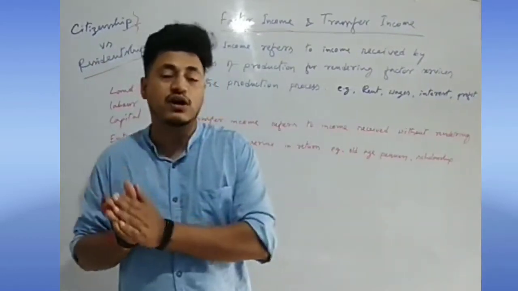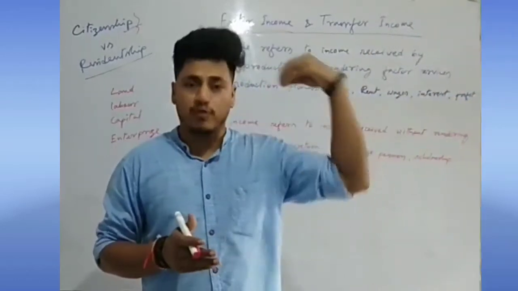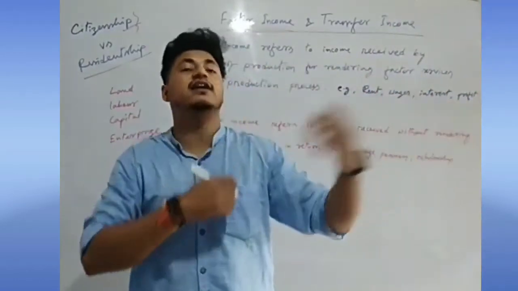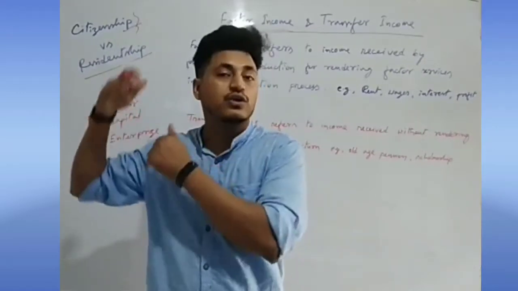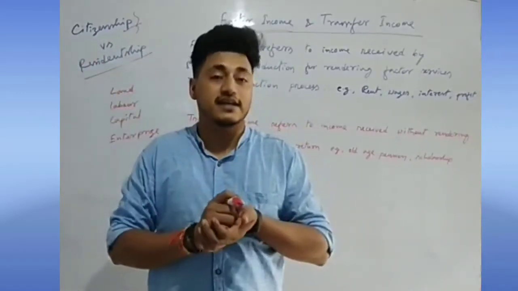So what is factor income? Where we have to work or provide something in return, what I get is known as factor income. Whereas transfer income means I am not doing anything, but I am getting the income or money.